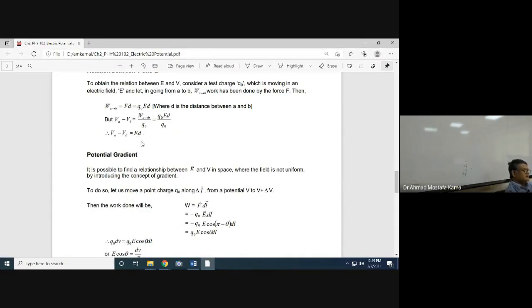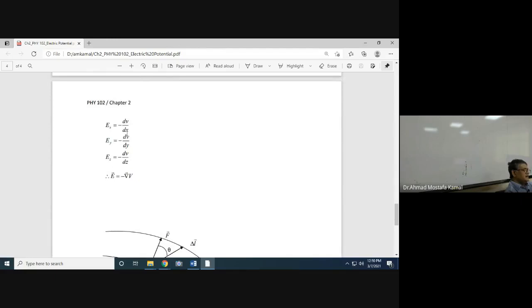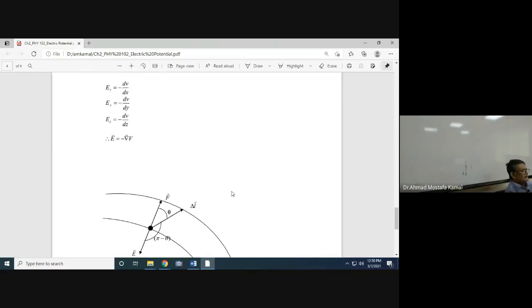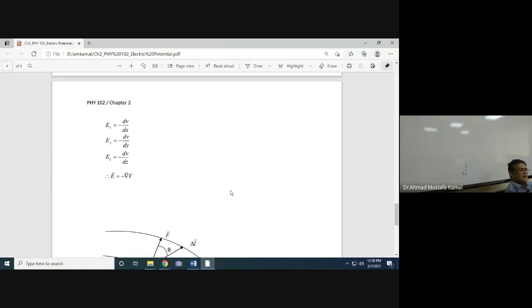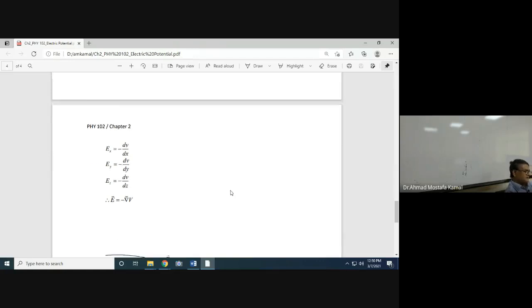So, what is the unit of E in terms of V? It is volt per meter. In this case, you see E equals V by x. What is the unit of dV by dx? Again, volt per meter. So ultimately, the relationship will be of the same type, not exactly the same, but the same type.